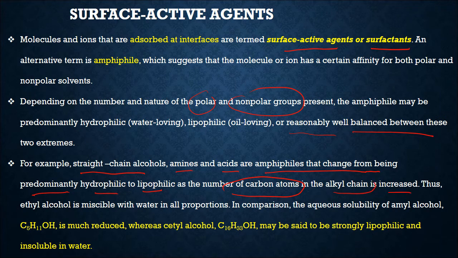Thus ethyl alcohol is miscible with water in all proportions. In comparison, the aqueous solubility of amyl alcohol, which has C5, is much reduced, whereas cetyl alcohol, which has 16 carbon atoms, may be said to be strongly lipophilic and actually insoluble in water.